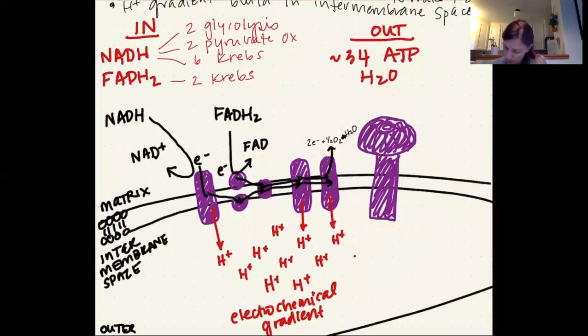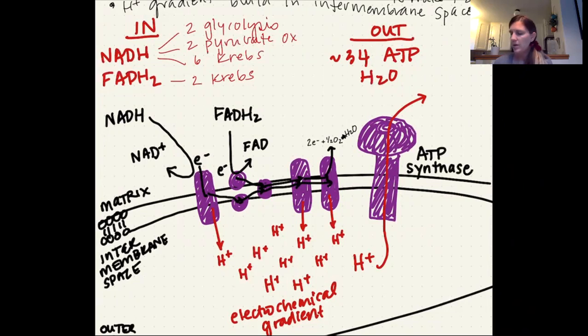So what's really cool is that now these H's that have this electrochemical gradient can flow down their gradient through this amazing molecule called ATP synthase. It is this amazing rotor machine that uses the power of those H's flowing down.